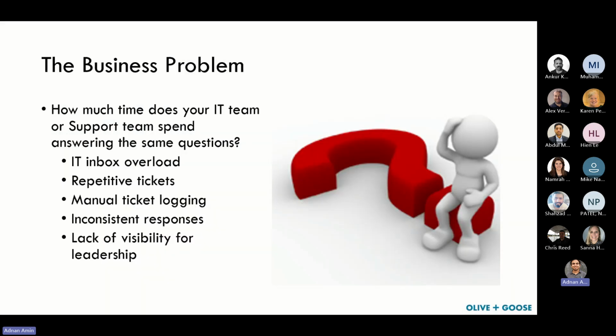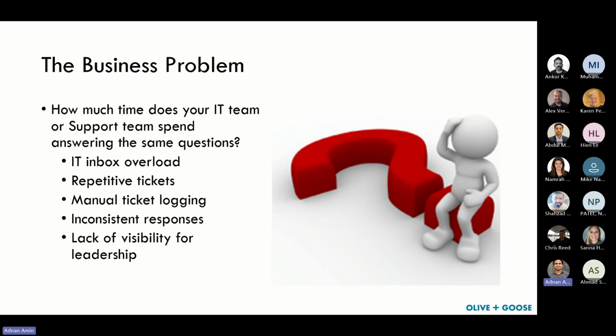Let's start with the reality most organizations face today. IT support is still heavily dependent on email-based intake, or employees used to call the IT support. Employees send requests with incomplete information, and it's really hard for IT teams to clarify basic details. And the same questions are answered repeatedly. Leadership team has limited visibility into the workload of the IT support teams.